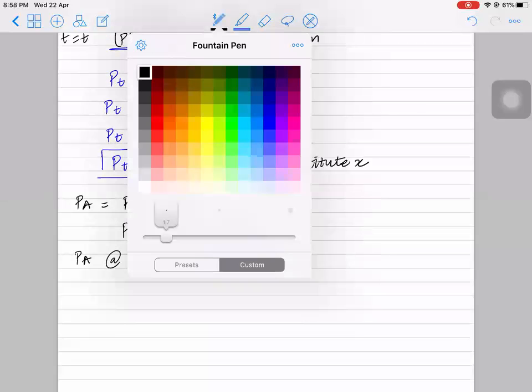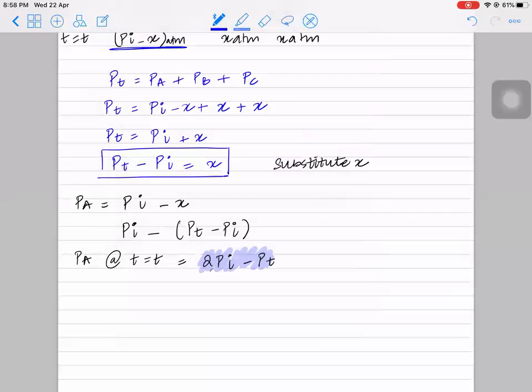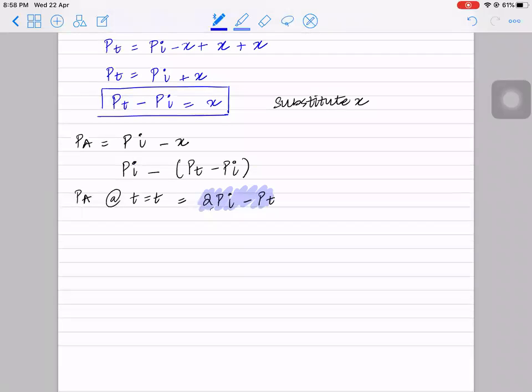And now I can go back to the same formula that I used for concentrations, but rather than using the concentrations, I will be using the partial pressure.